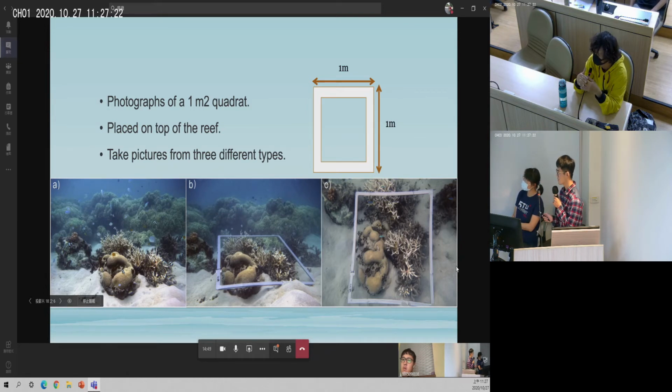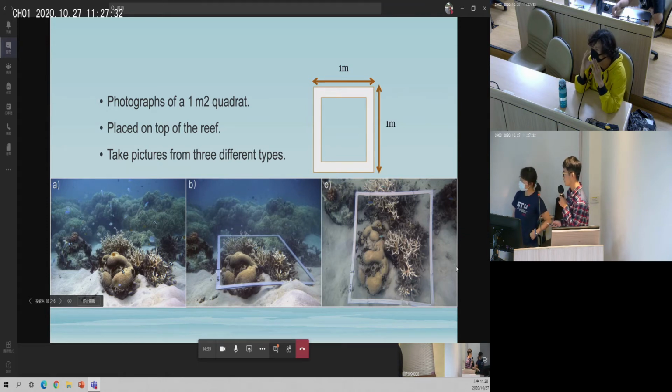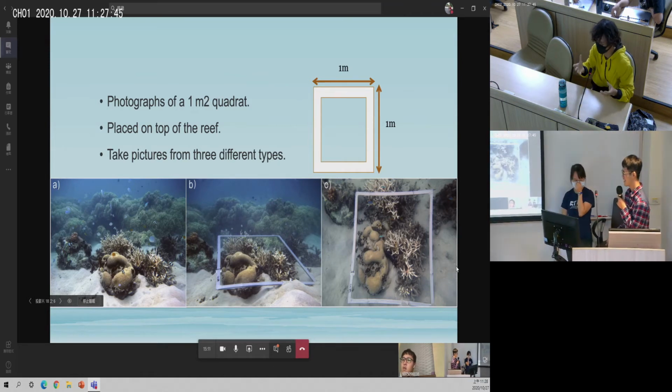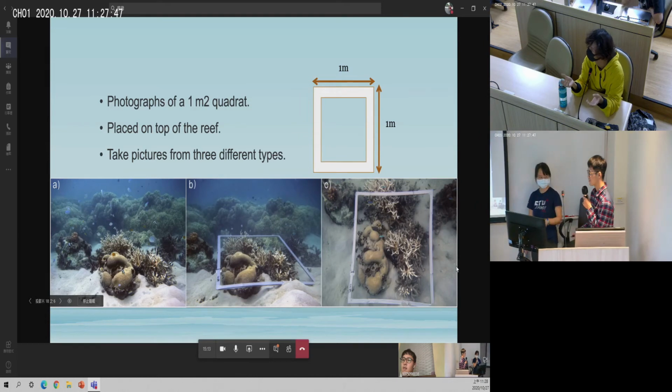It's a quadrat to survey. We put it on the reef, and we see in this space the coral and fish abundance. So what is it used for?